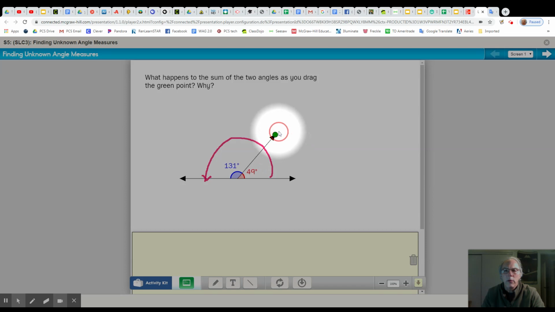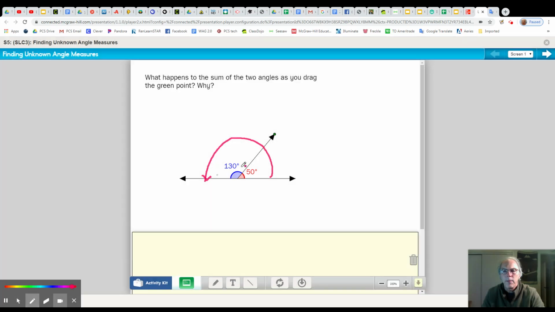So for instance, if we set one angle to 130, this angle right here is 130. And if you add it to the other angle of 50 degrees, 130 plus 50 is 180. Say we didn't know that this was 50 degrees, say it was blocked out.